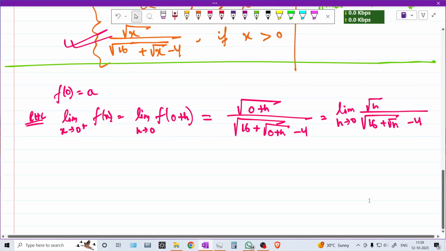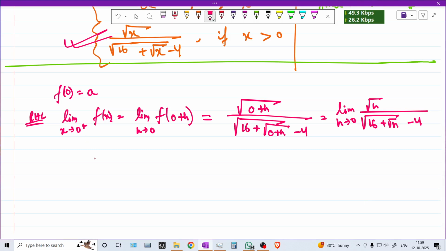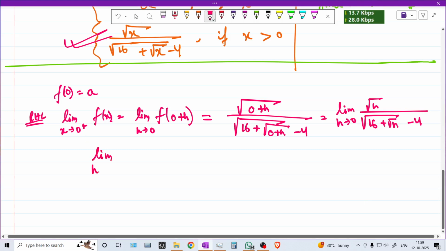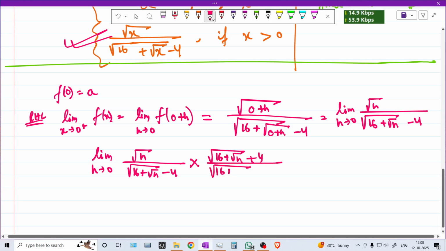Now this that we have got is an irrational function because there is root in the numerator and denominator. So we have to rationalize this. So I will write here limit h tends to 0 root h by root 16 plus root h minus 4 into root 16 plus root h plus 4 by root 16 plus root h plus 4.